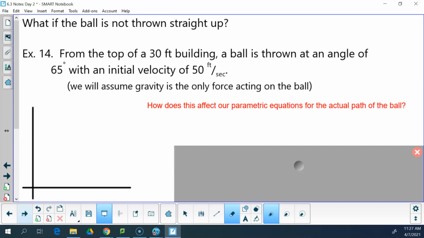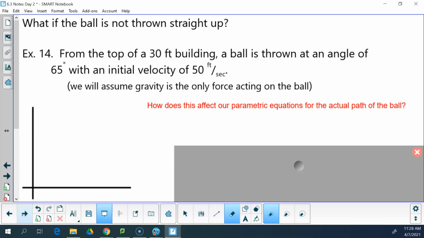Most of the time, we launch stuff at an angle, so that the ball not only has a vertical component, it also has a horizontal component.